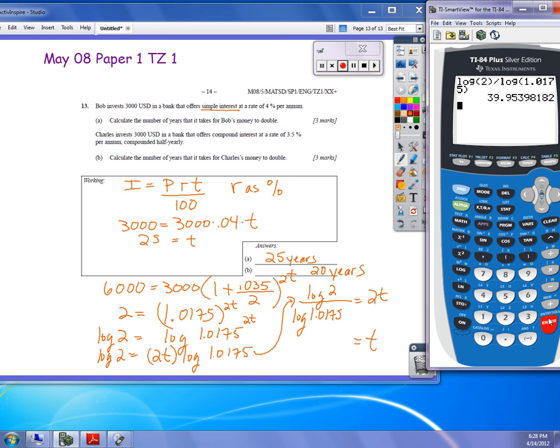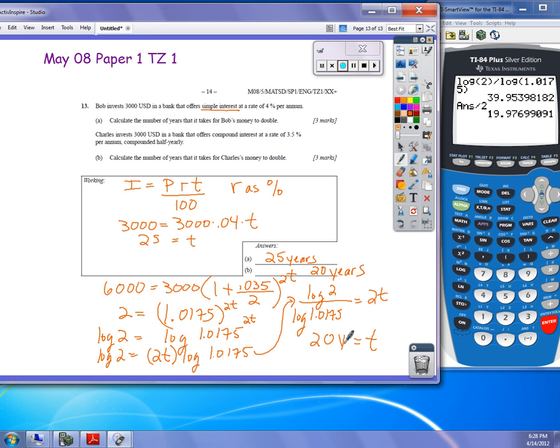I'm going to divide that by 2, and I get the exact same answer that I had before, so about 20 years. If you showed all this work and you wrote down 19.9, we're still going to have to write 20 years. There's not going to be any decimals there, because if you take the 19.9, you're going to use the 7 to round the 9 up to a 0 and round the 19 up to a 20. So you can do that problem either way.